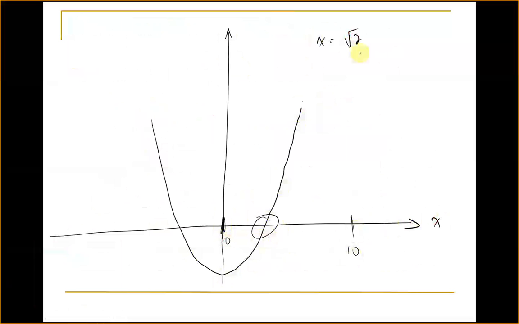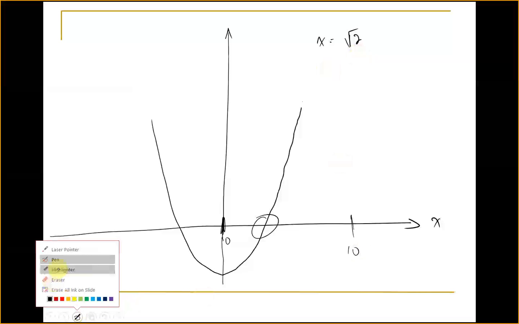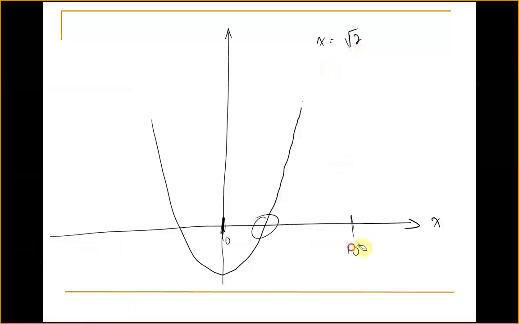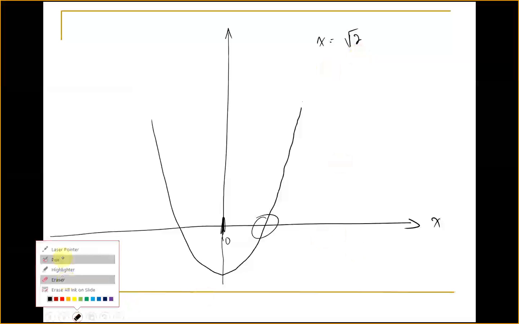So I could say I'll go up to 4, because I know that 4 is larger. Because I know that the square root of 4 is 2, right?